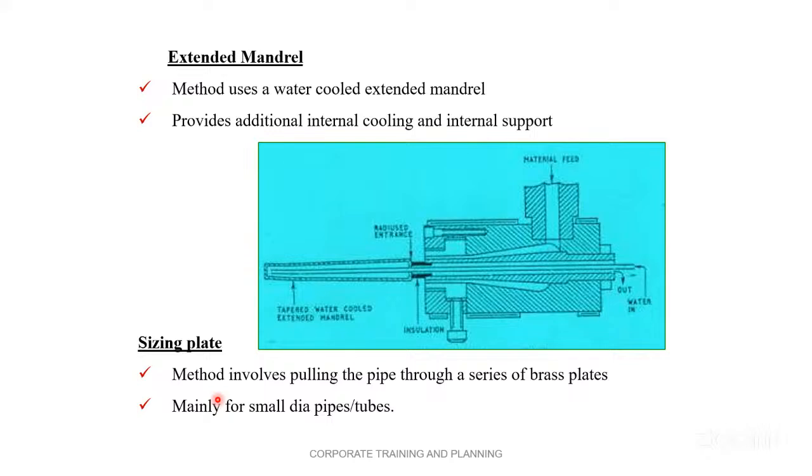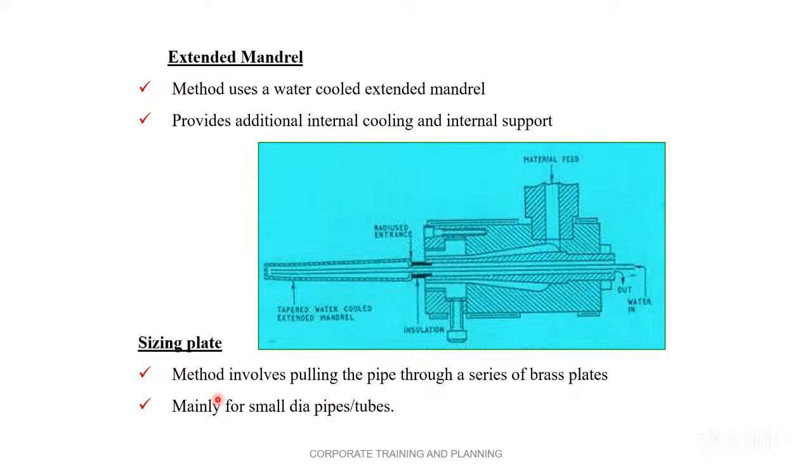Specific sizes are there because they are placed in the cooling trap at a specific distance, and hence we are getting a very good size of the pipe. If you see here, friend, this method is quite popular in the market.